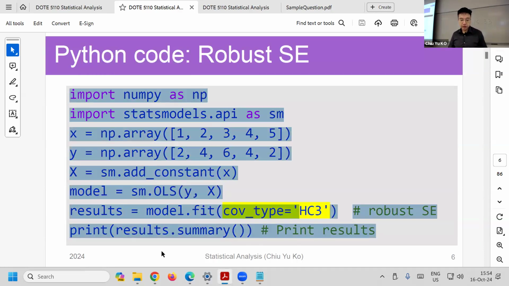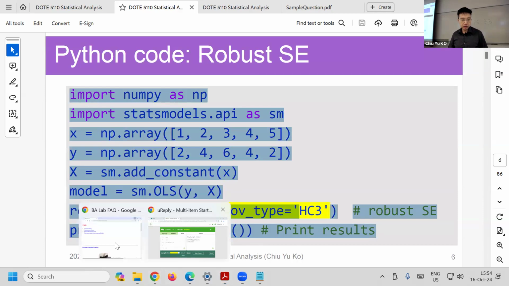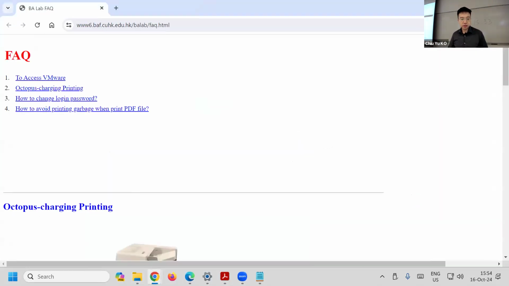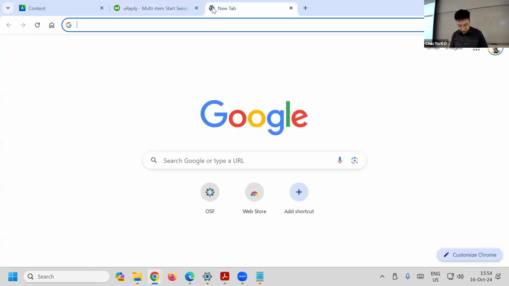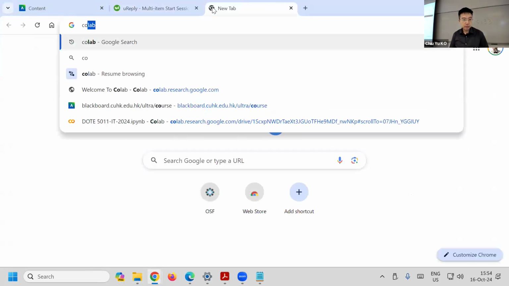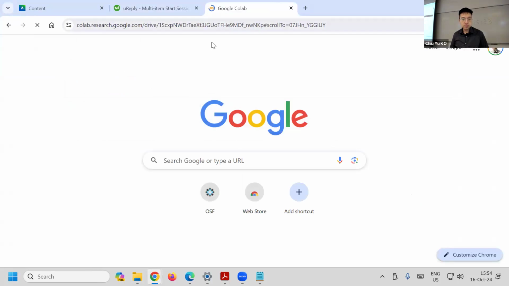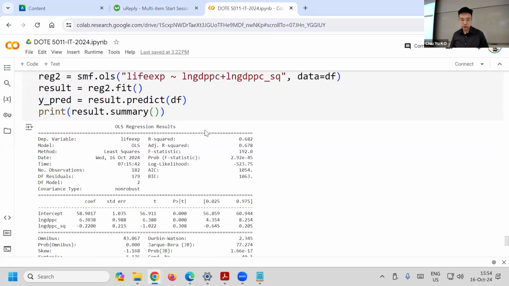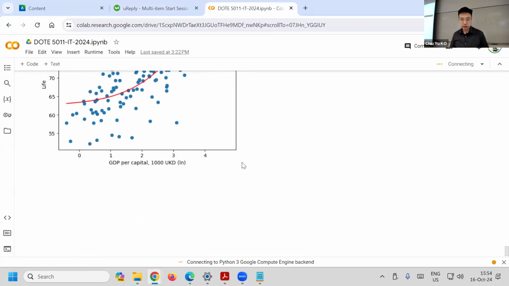Let's copy. Hopefully, I don't need to type again. Oh my God, I was kicked out from the Colab. At least I don't have to sign in again.